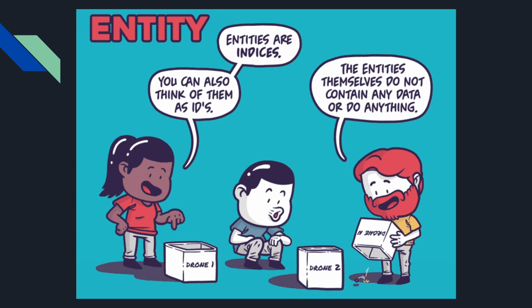The ECS will lump all of your data in memory contiguously, so that the processor can do massive amounts of work on, say, all your positions.